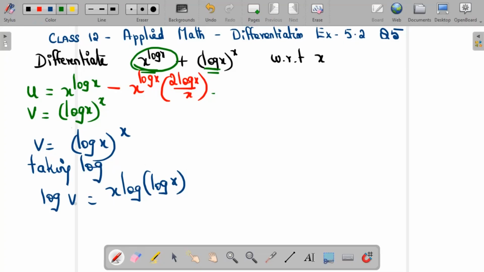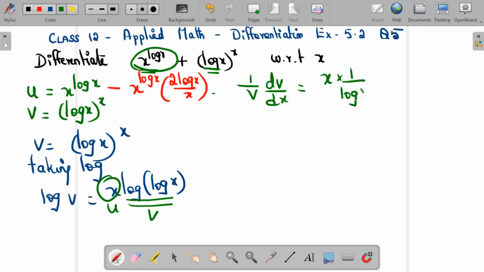Now let's do the differentiation. So it is 1 by v dv by dx is equal to, now x is u, log of log x is v, so u v dash. So u into v dash is 1 by log x, again a differentiation of log x, so it is 1 by x, plus v u dash. U dash is 1, so I can simply write this as log of log x. Now I'm going to simplify this term, so this will get cancelled.